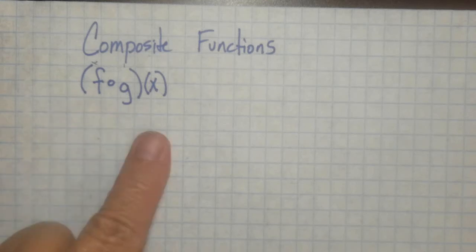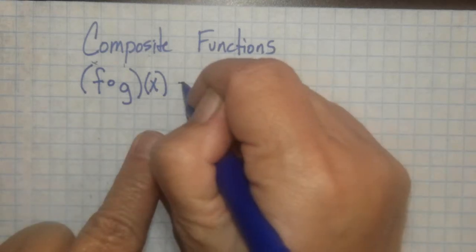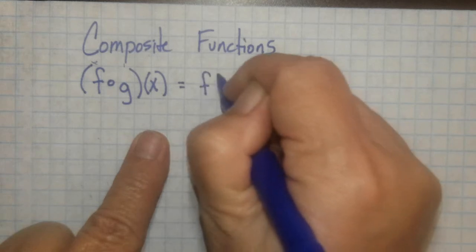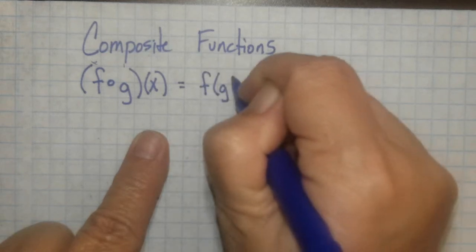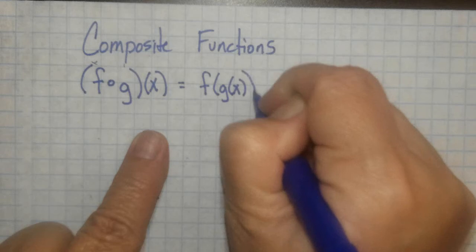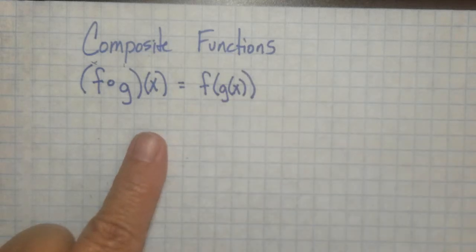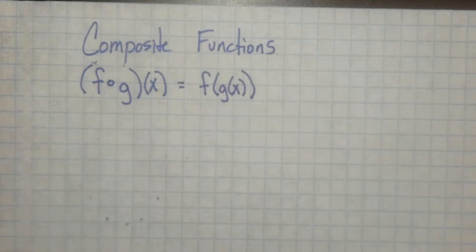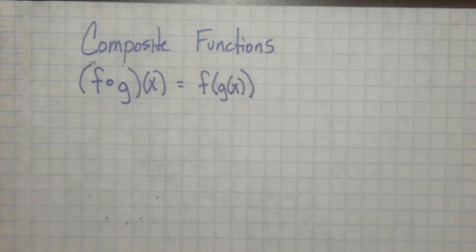All right, another way to write your composite function would be to say F and then of G of X, like this. So we have these parentheses inside of parentheses. So that's the symbolic notation.